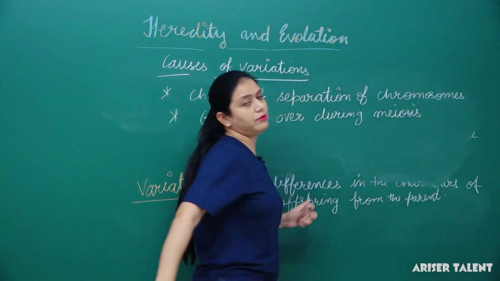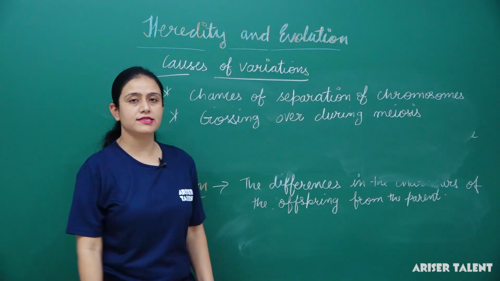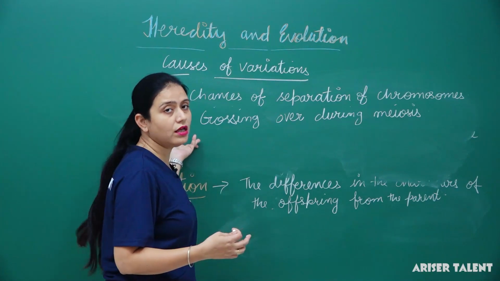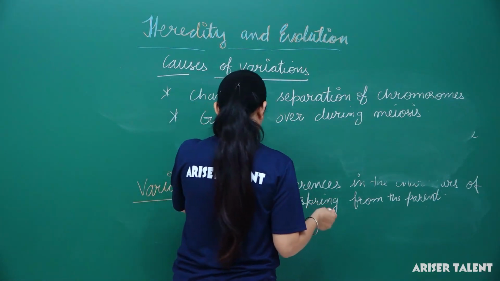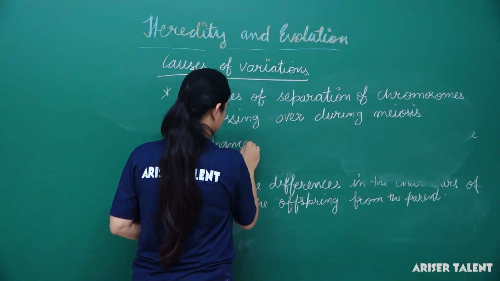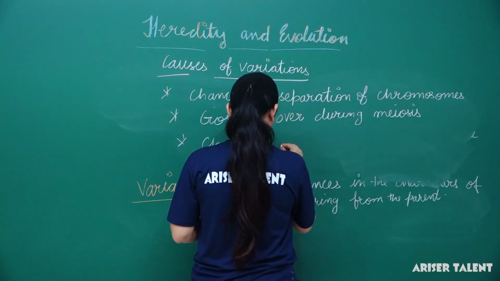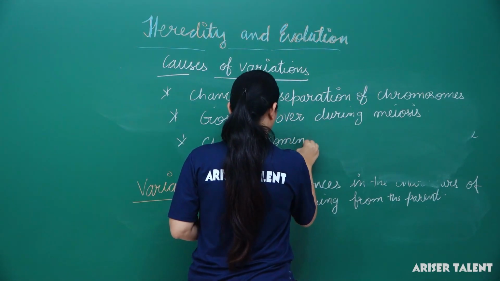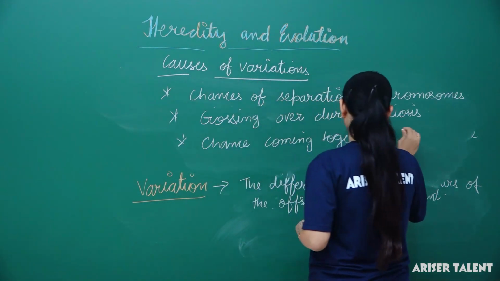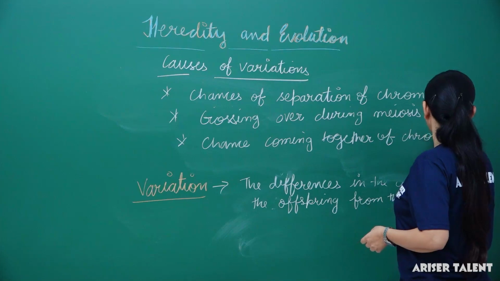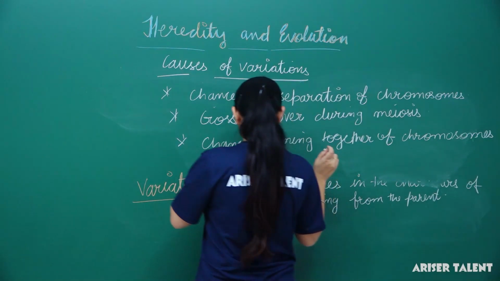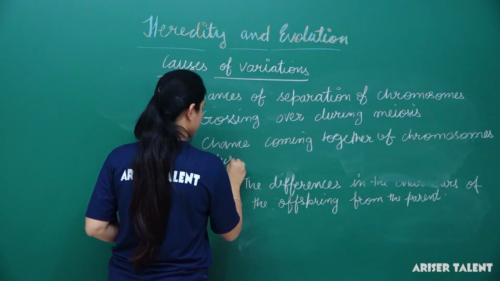Hope you have all studied meiosis and mitosis in class 9th in the cell division chapter. So crossing over during meiosis is a reason for variation. Besides it, chance coming together of chromosomes during fertilization.